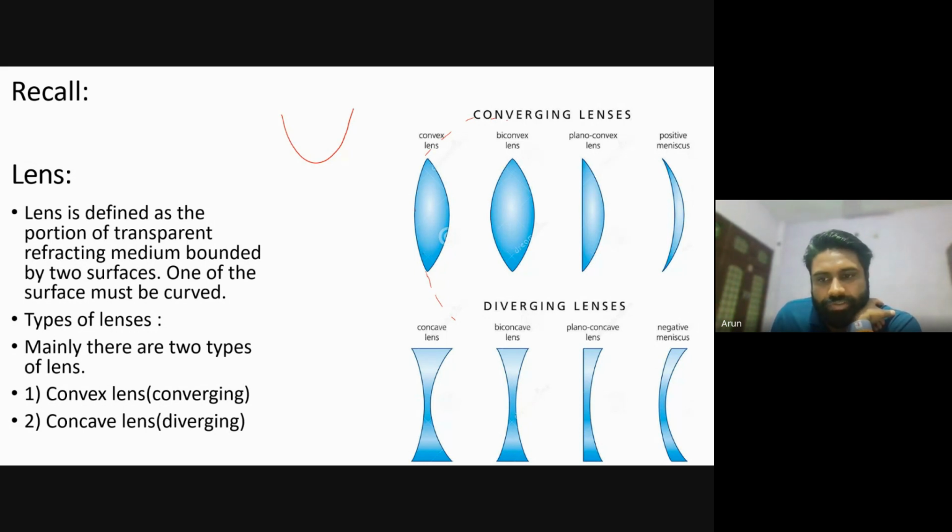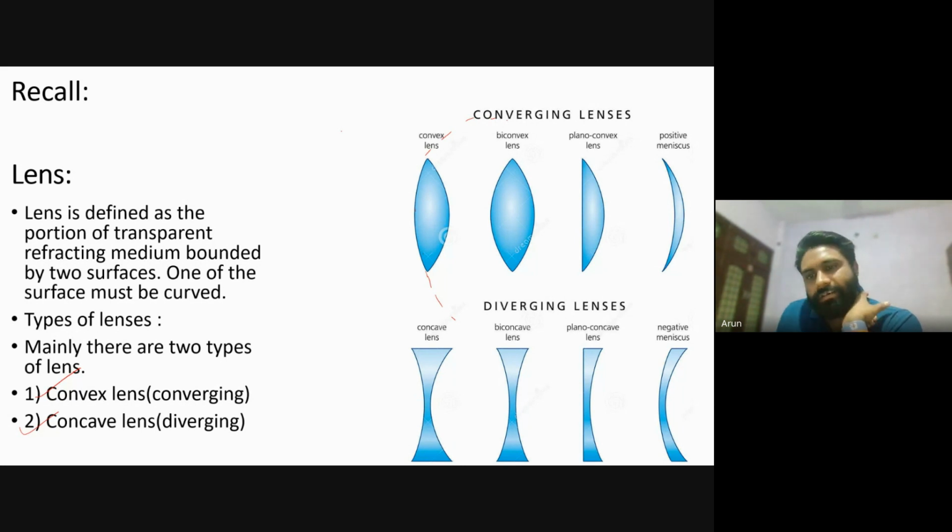In mathematics also you have learned parabola in conic sections. It is a symmetrical shape but different from the sphere or circle. So we have two types of lens here. Firstly the convex lens and second the concave lens.